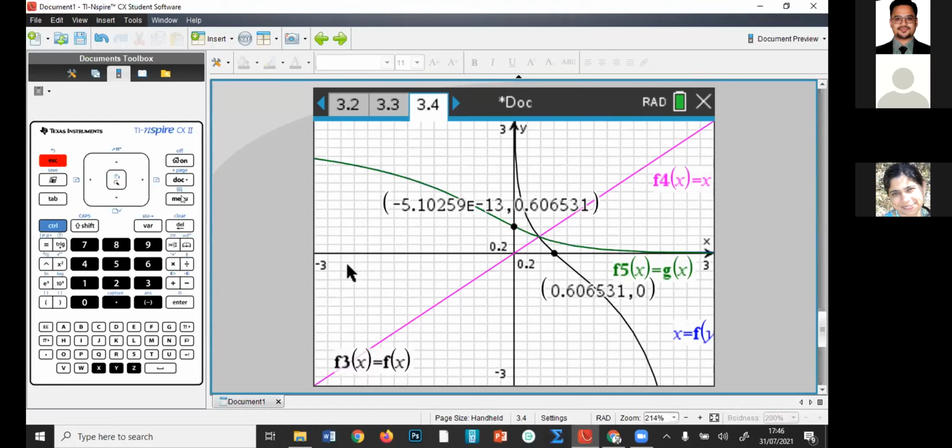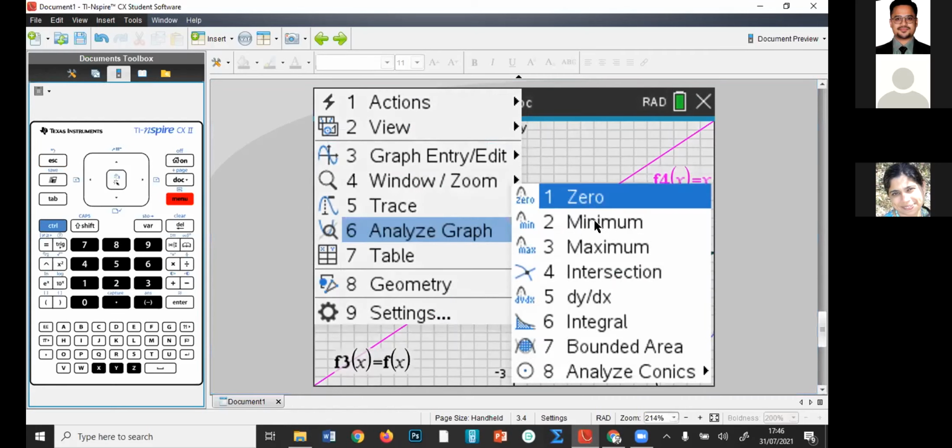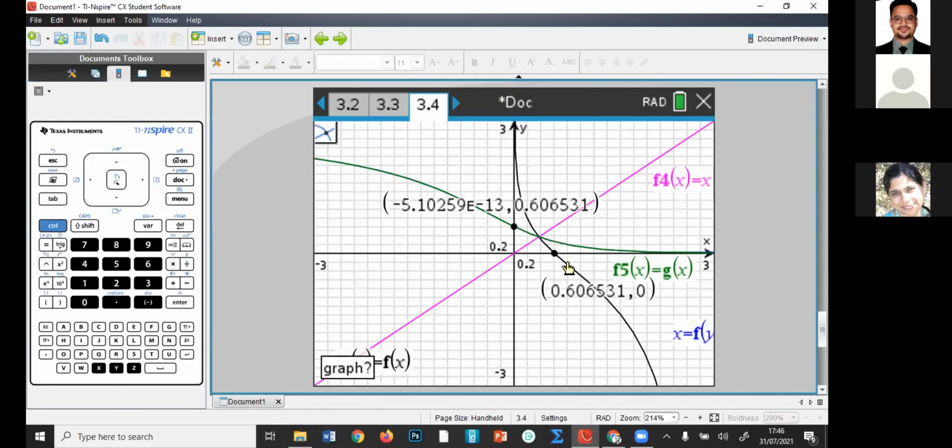If anybody sees the corner points coming there, it is because you have selected the relation first. Analyze the graph, intersection. Yeah, Jalaj, you just have to define the two corner points and it will give you the solution.